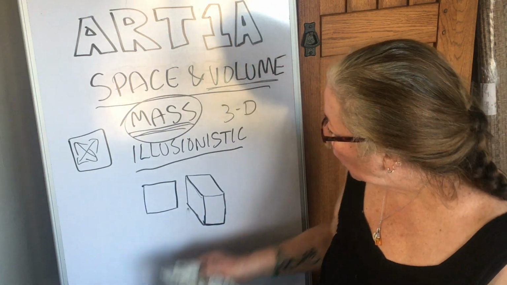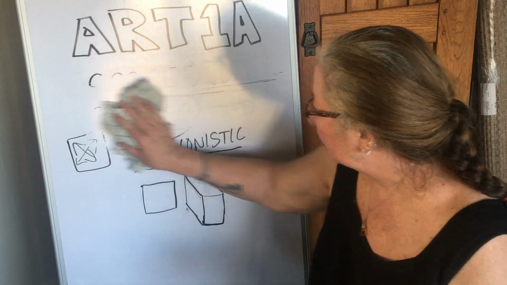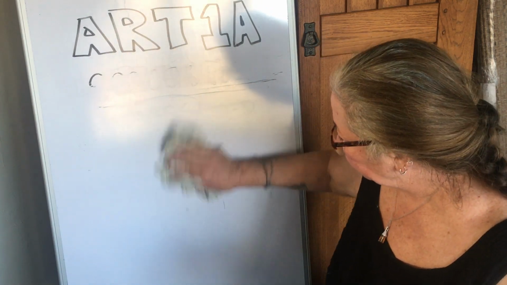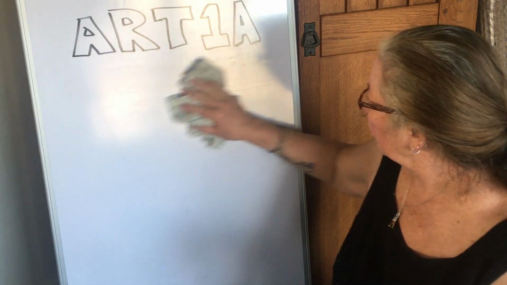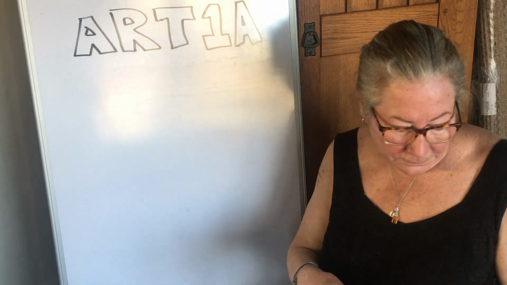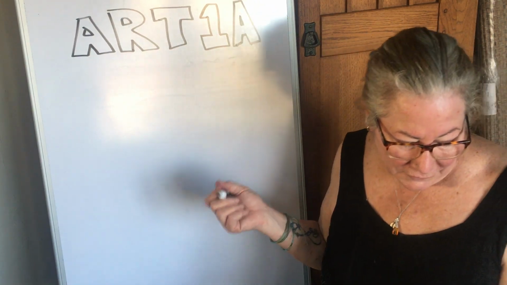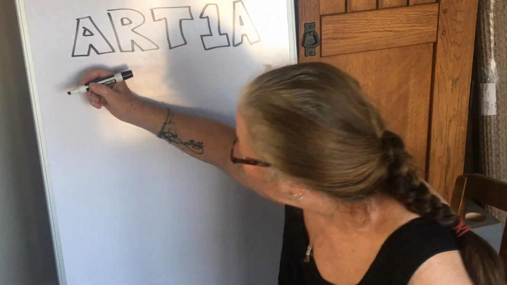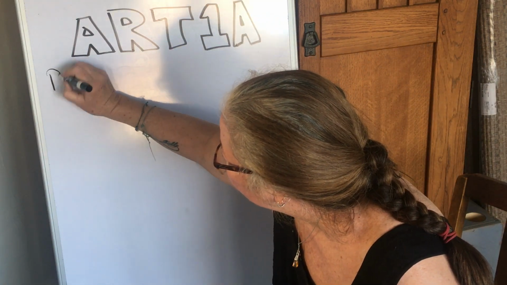And so let's talk about how we show some of this. So there are some tools we use, I just said, and they are called perspective and foreshortening.